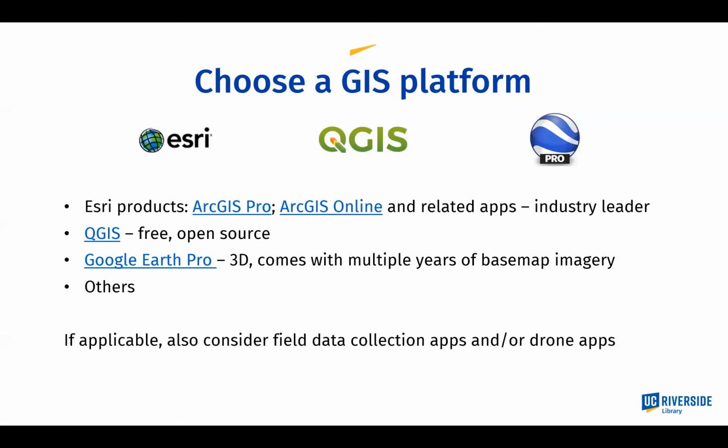There are other GIS platforms, but these are the three that would come to mind first if you're going to look around. At the bottom of the slide, if you are going to do field data collection, there are some apps that will help you with that. If you're capturing data with drones or UAVs, there are some apps that will help you along with that as well.